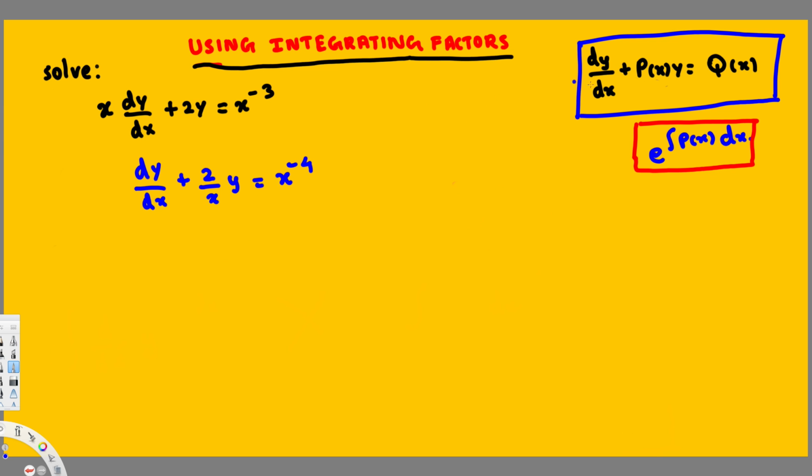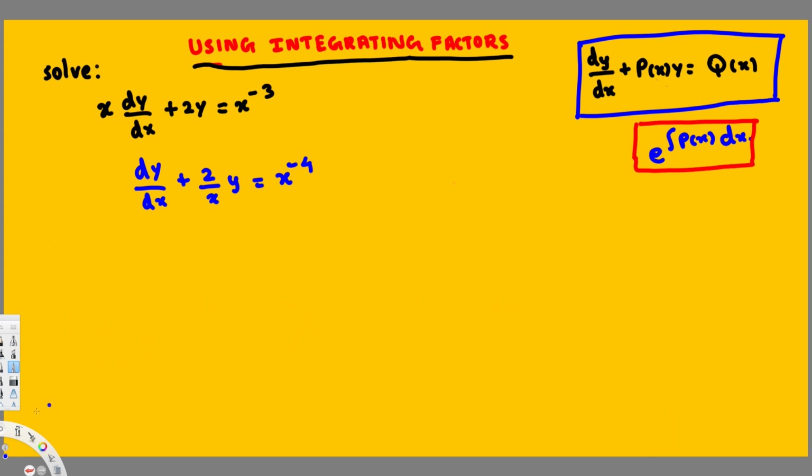Now let's check it again. dy over dx, then we have a function of x, that is 2 over x, multiplied by y, and on the other side of the equation we have another function of x. So this is now in standard form.